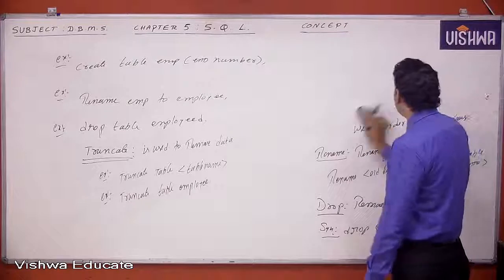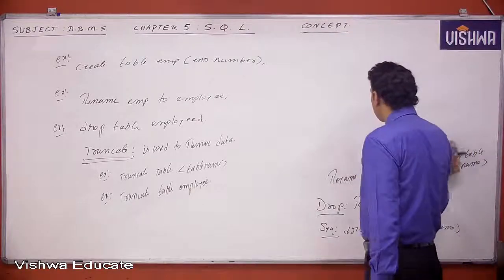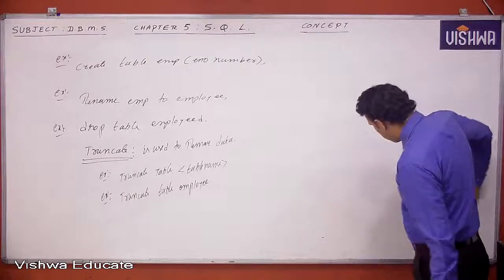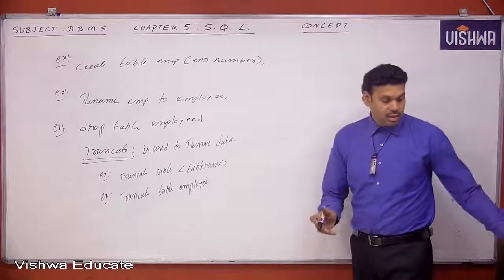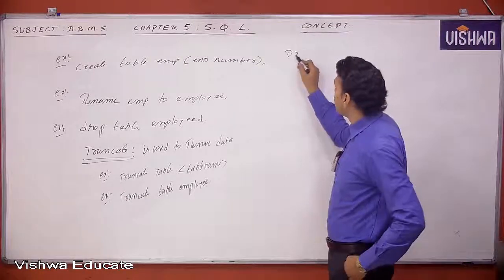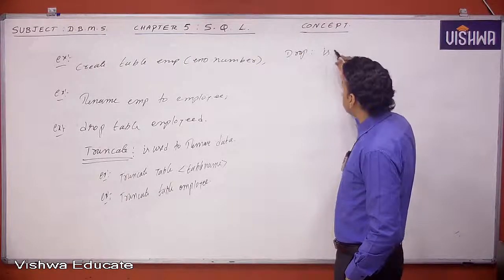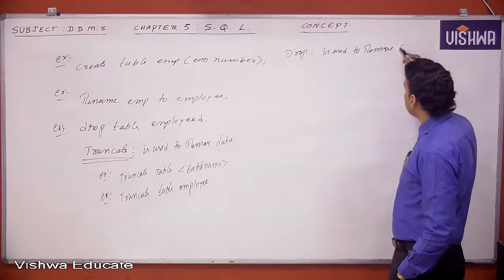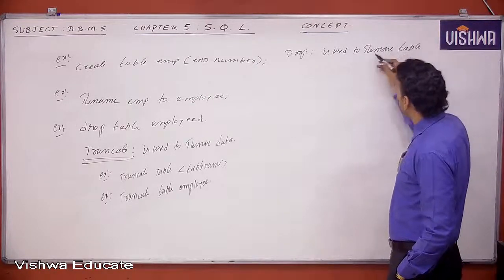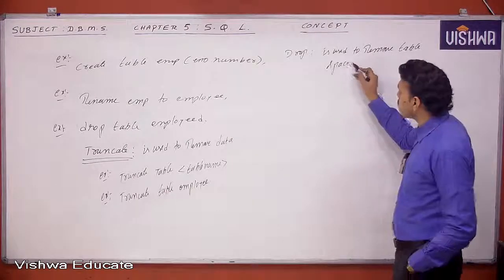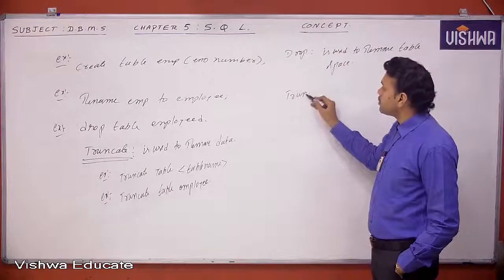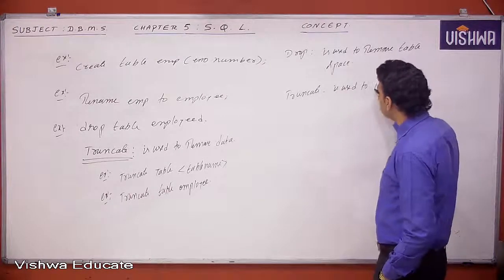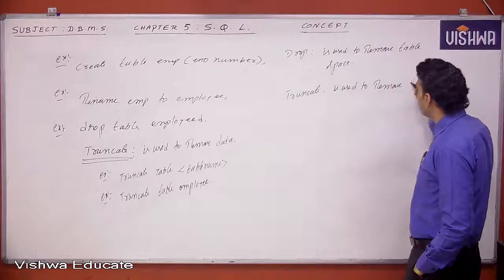So you may get a doubt. What is the difference between drop and truncate? Drop is used to remove the table space, and truncate is used to remove what? Data.